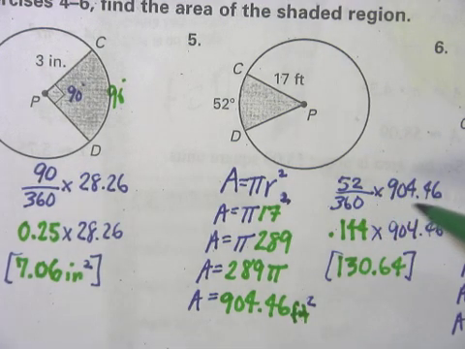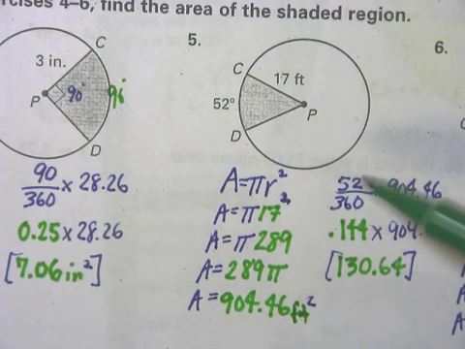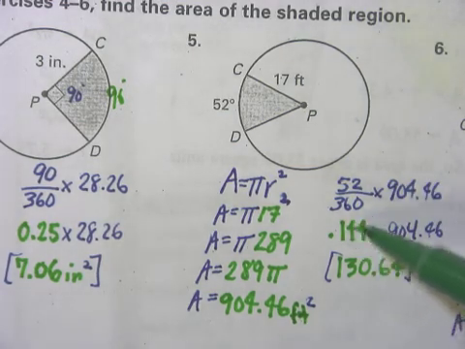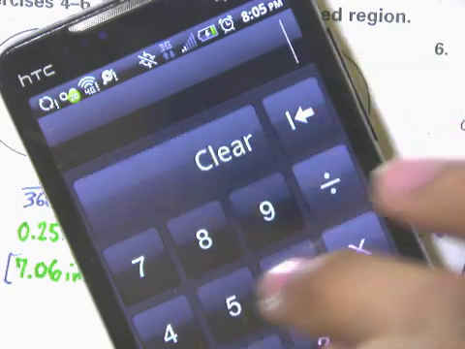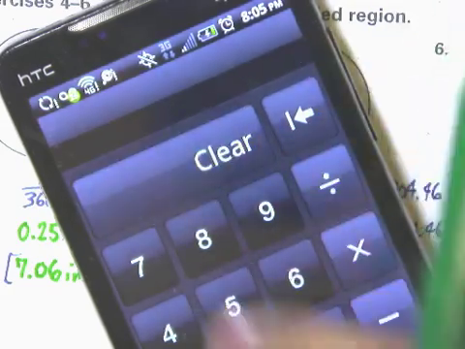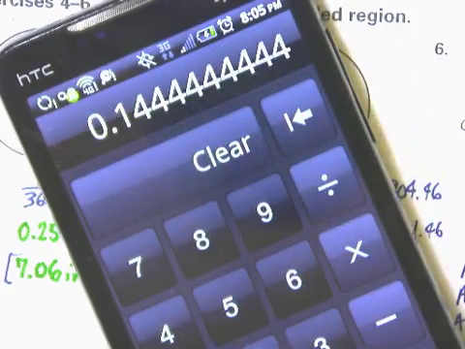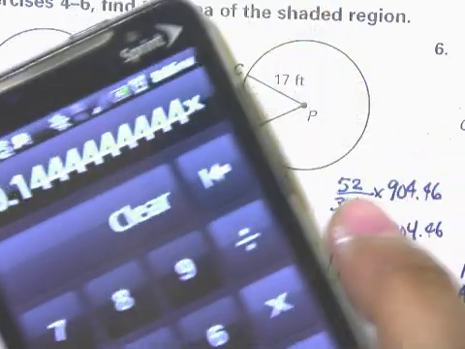Well, I know that this little sector here is only 52 degrees wide. So it's going to be 52 degrees out of 360, that's my ratio, times the entire area. When I divide 52 by 360, I get this decimal here in my calculator.